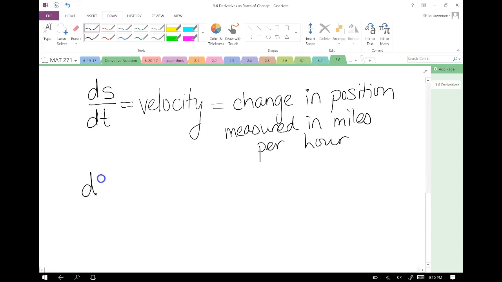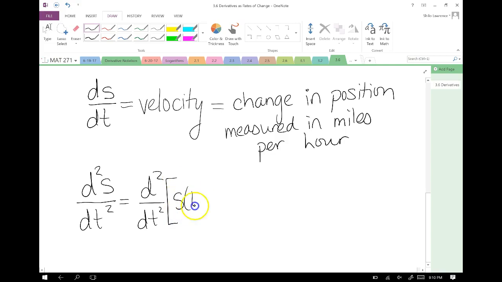And then my second derivative, d2s over dt2. Now remember, those 2's don't represent exponents. They represent superscripts, meaning second derivative. We could also write this as take the second derivative of your s function. So again, we have s in the top, but we've got t twice in the bottom.